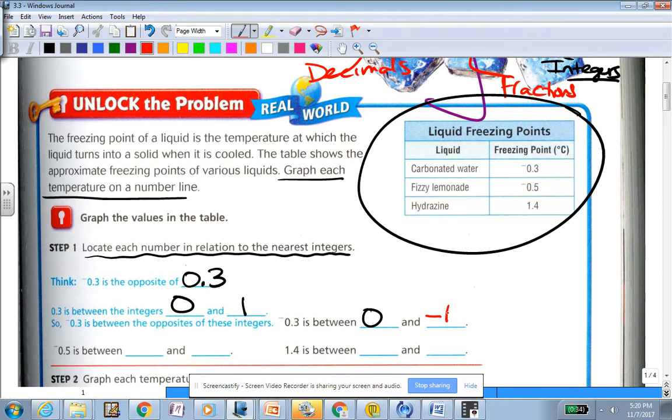What about -5/10? The 0 tells me that it definitely is between 0 and something, and that something is also -1. But what about this 1 4/10? I see a 1 here, so it's fair to say that it's above 0 and far enough above 0 that it's between 1 and 2.